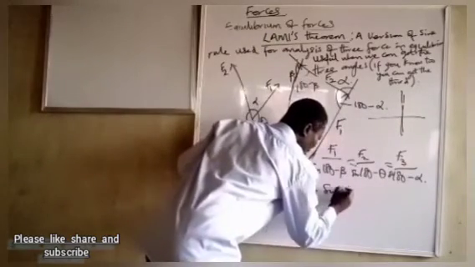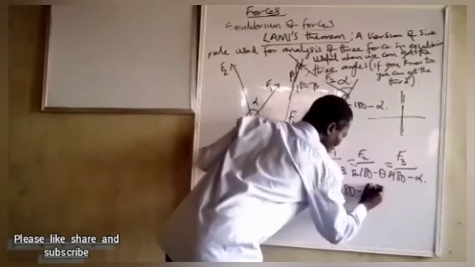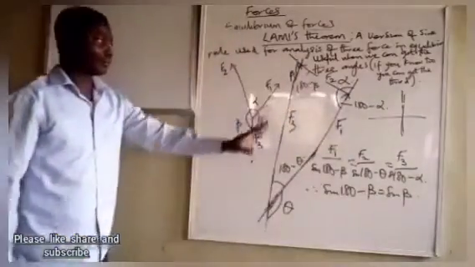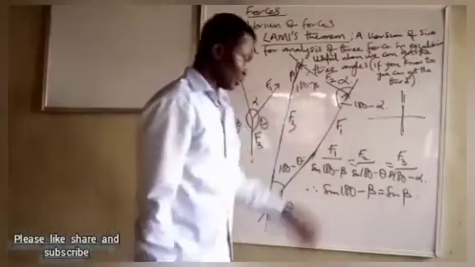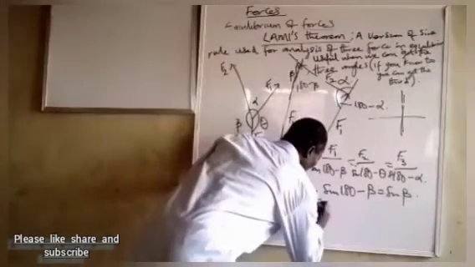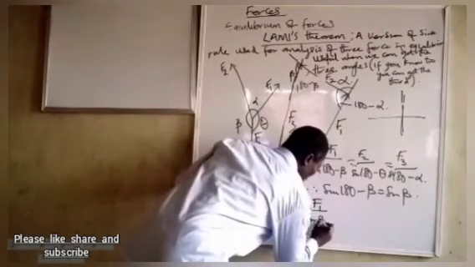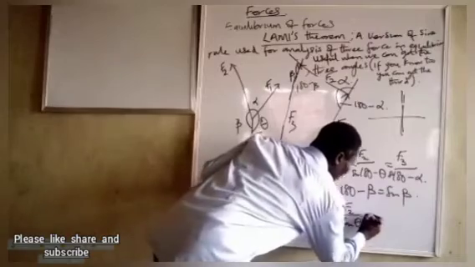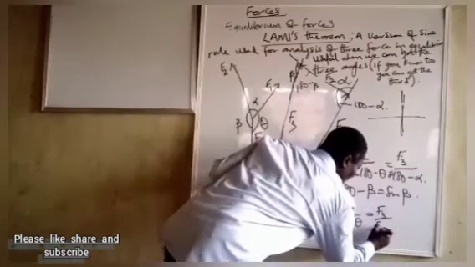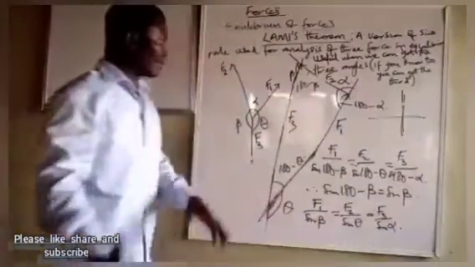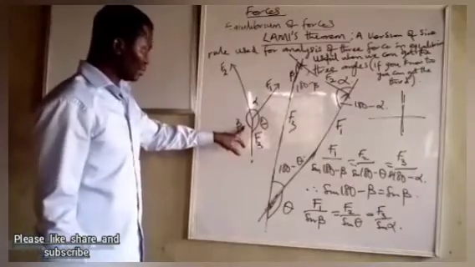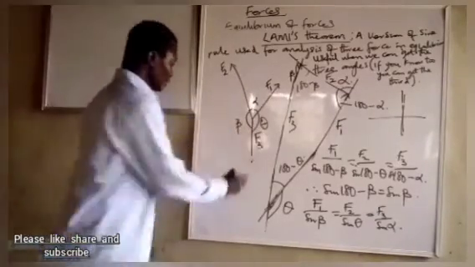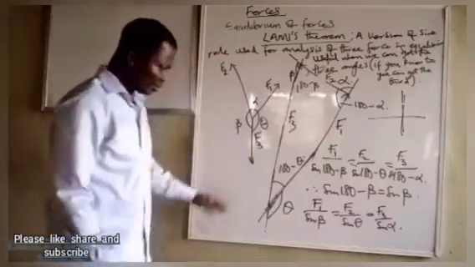Therefore, sine 180 minus beta is equal to sine beta. We know this one from our ratios. Therefore, F1 over sine beta is equal to F2 over sine theta is equal to F3 over sine alpha. And if you look at that, F1, this is the angle at the opposite side. F2, this is the angle at the opposite side. F3, this is the angle at the opposite side.